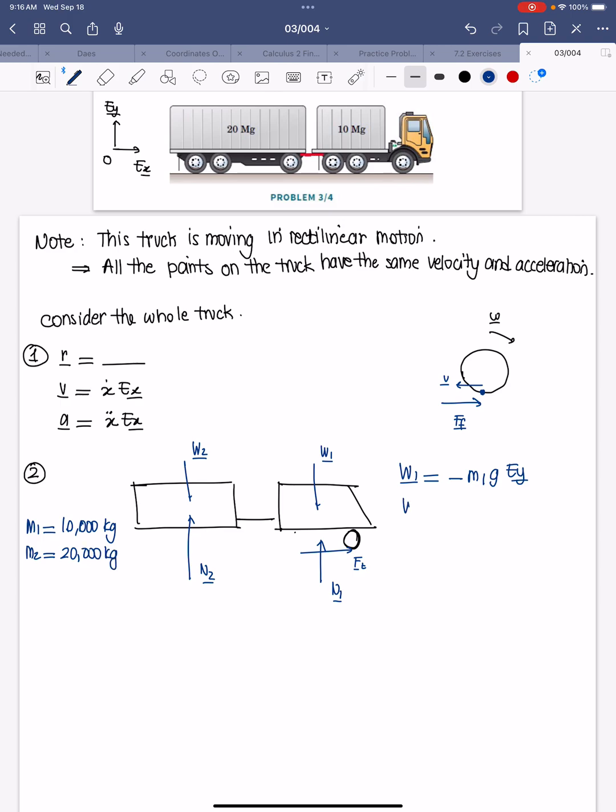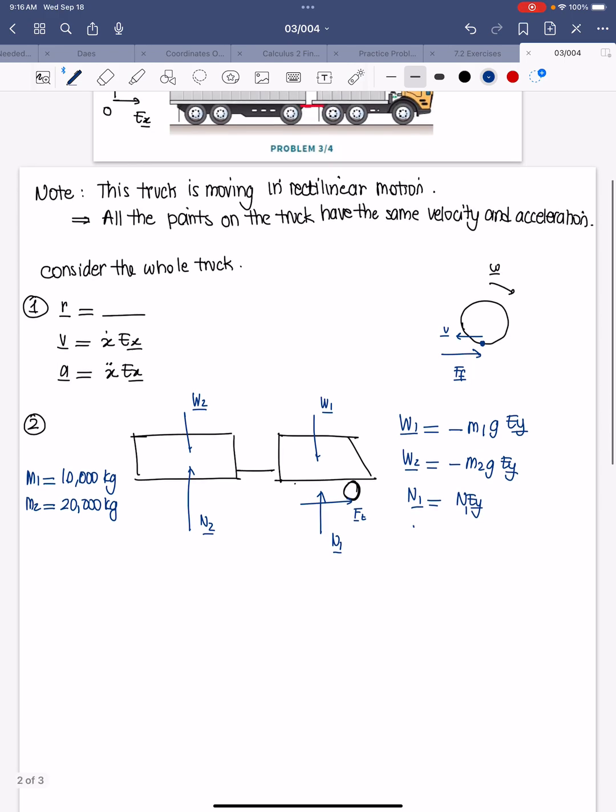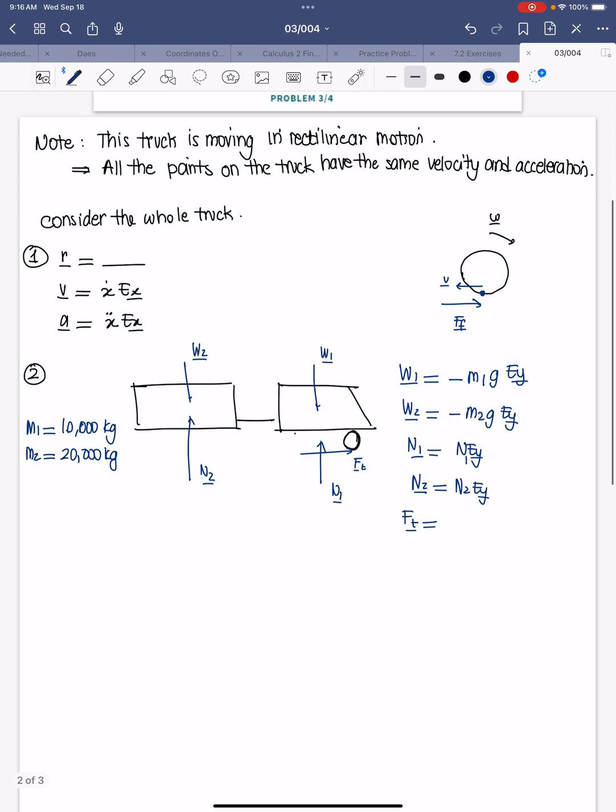Okay. W2 is minus M2 G EY. The normal forces, all we know is their direction. And then we have the attractive force. We know everything about it. Its magnitude is 20,000 newtons along EX.